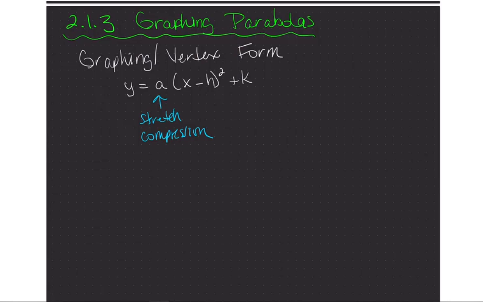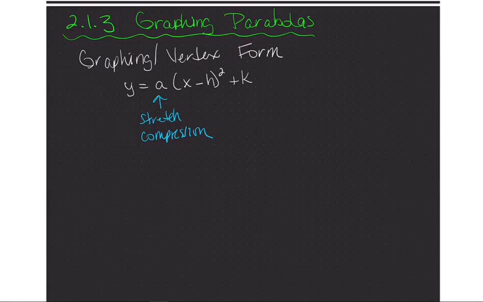Remember, you get there whatever factor faster. So if there was a 2 out front or a 4.5 out front, you're getting there 4.5 times faster, so it made it skinnier. And if it was a fraction or a number between 0 and 1, it would make it fat, or compress it or push it out, because you would only be traveling at half the speed. So of course it's going to take you longer to get there.